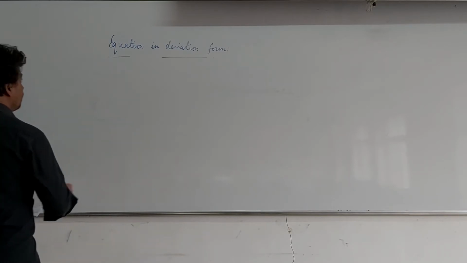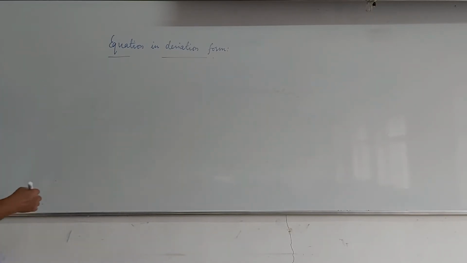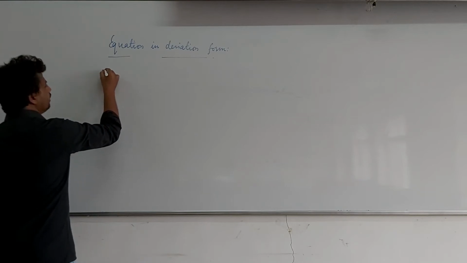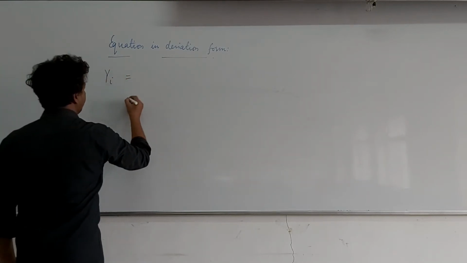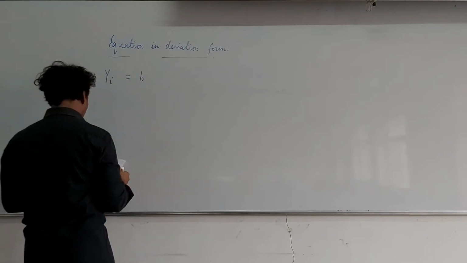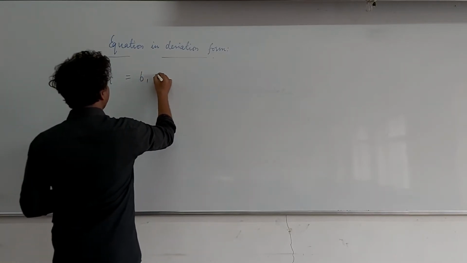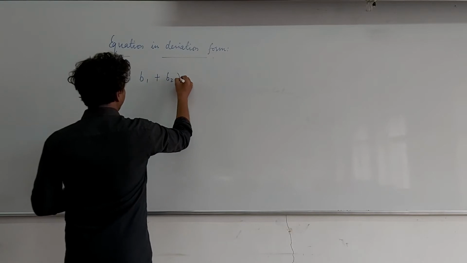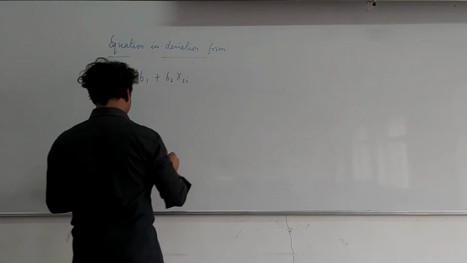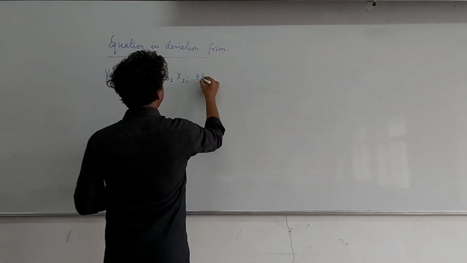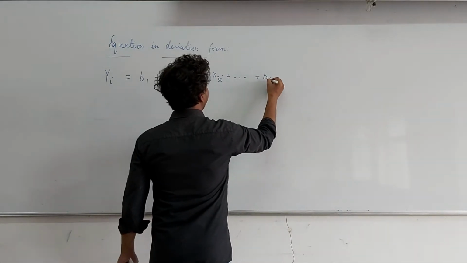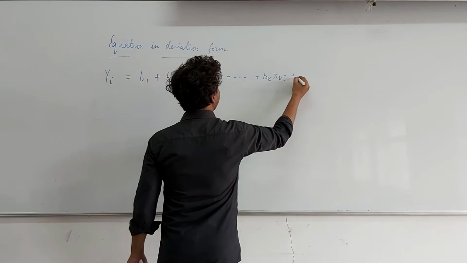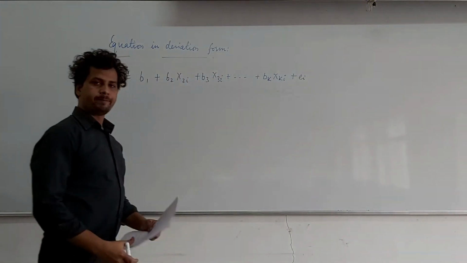So as we have already denoted, an individual observation i can be written as yi equals beta naught, or let's write b1, plus b2 x2i plus b3 x3i, and so on to bk xki, plus ei, right?